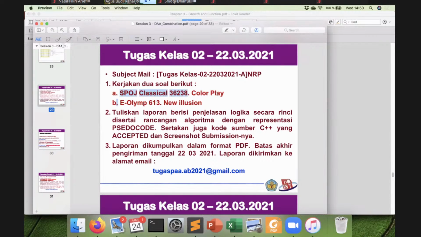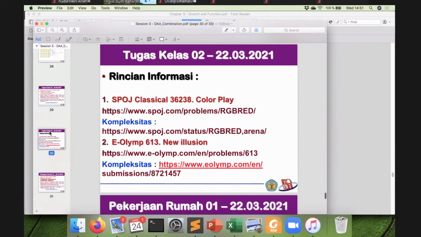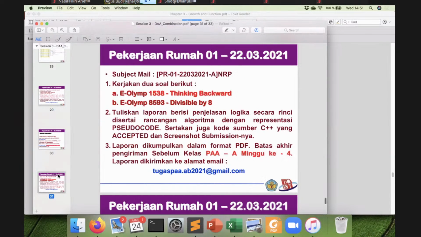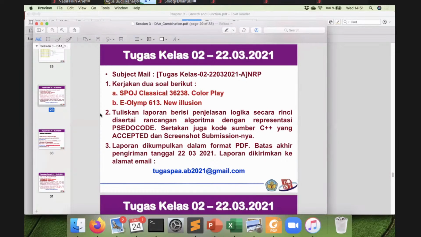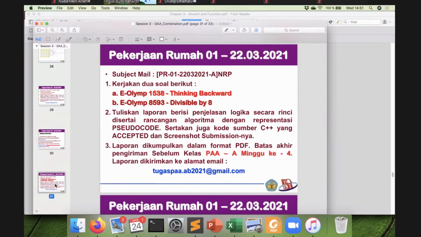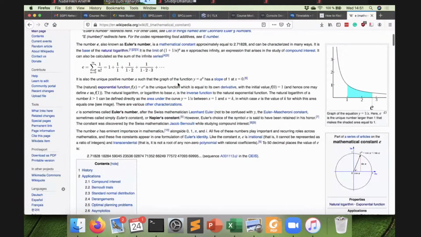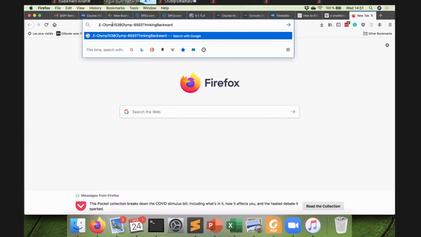For this one, I'd like to ask you to just try to read it and we will discuss it next week. Previously, I found the case number.